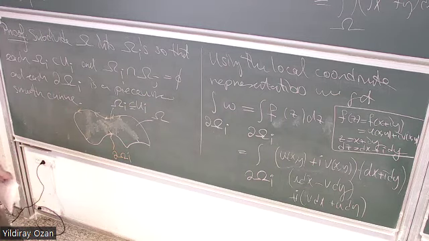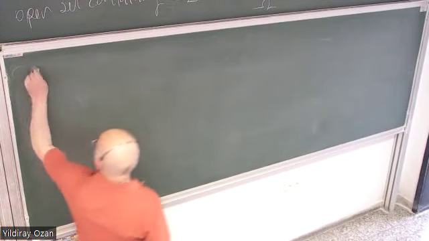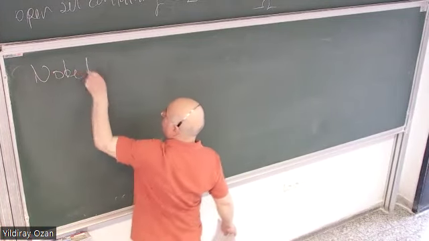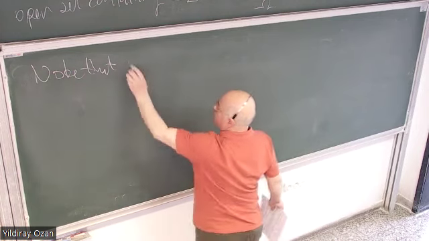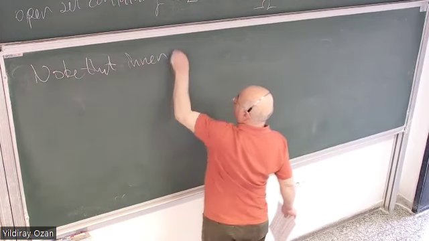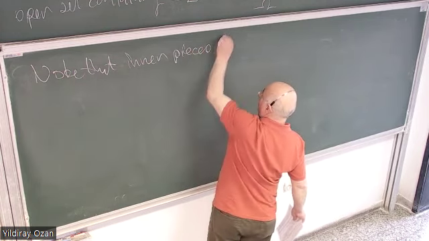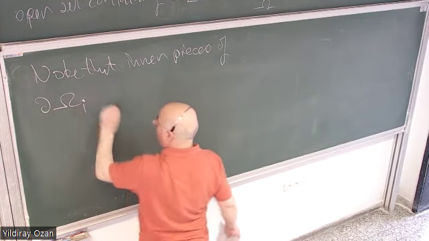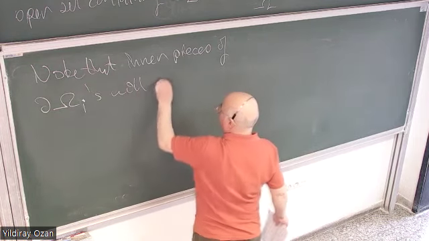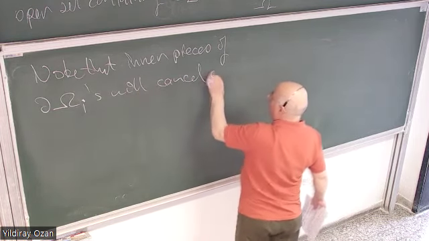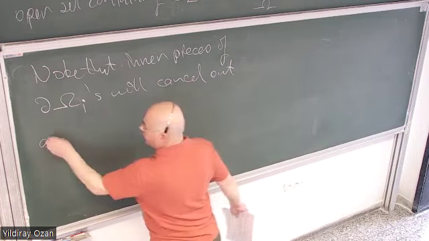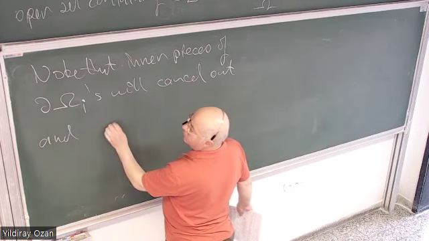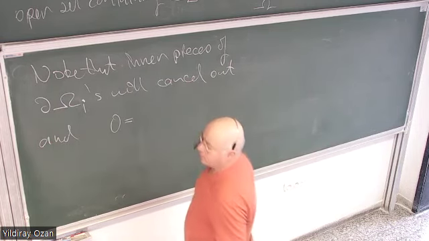nereye yazayım onu? Şuraya yazalım. Note that inner pieces of boundary omega i's will cancel out, and 0, which is what?